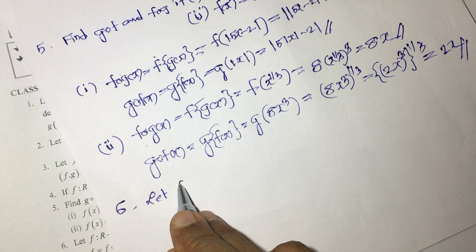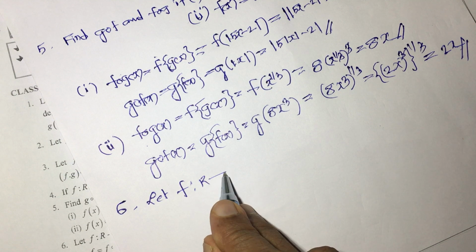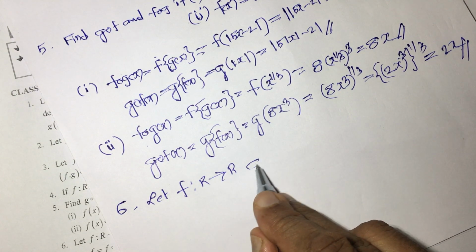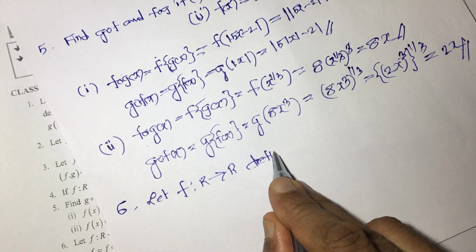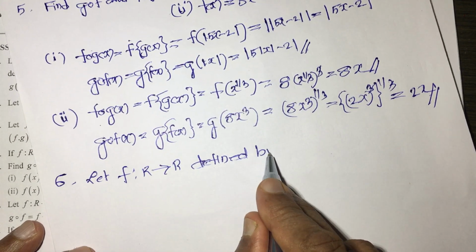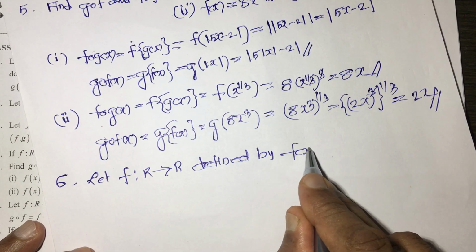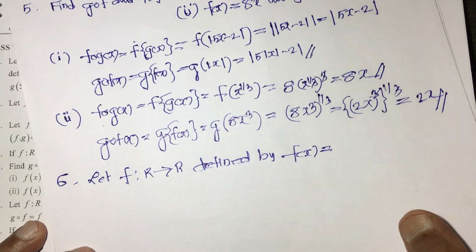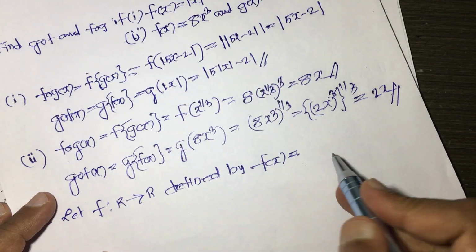Let f be a function from R to R defined by f of x equal to 10x plus 7.